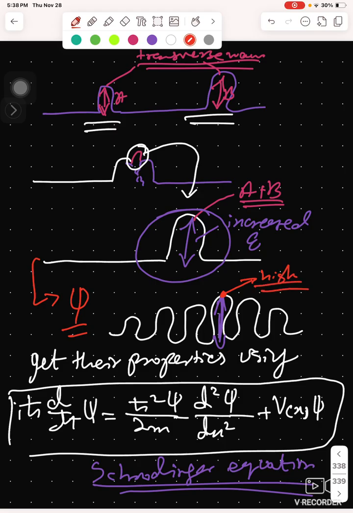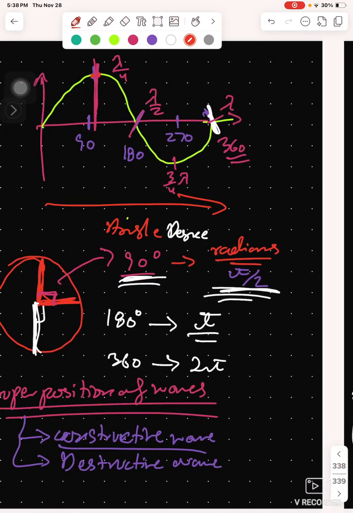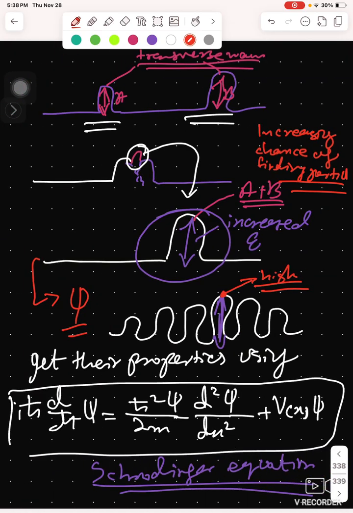We're increasing our chances of finding the particle. But again, in QM, we are actually talking about superposition.